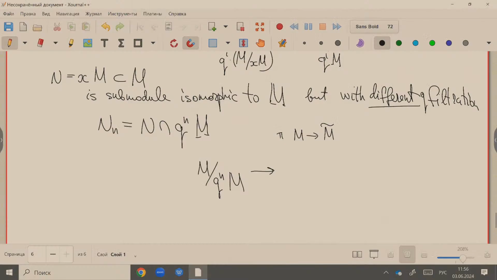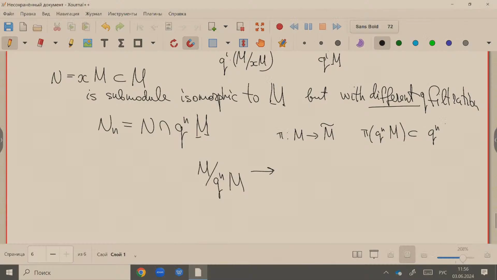So then if you want to write down the length function corresponding to M, it looks like this. Here you have the induced map pi, and the map induced on filtration, of course, that pi of Q^n M sits inside Q^n pi of M, which is M tilde.